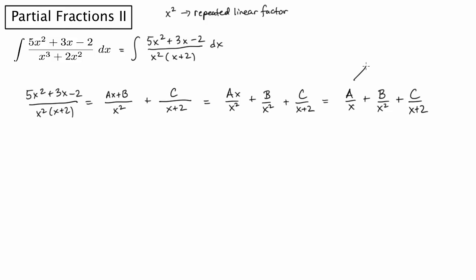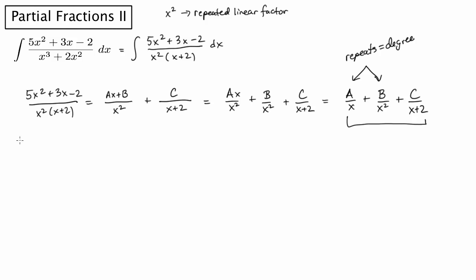The one thing I want to point out is that because this is a repeated linear factor, it repeats as many times as it has degree. Because it's an x squared, there's two repeats, one for each power of the denominator. So this is the decomposition that we want to use, and so we're going to have to find values of a, b, and c.